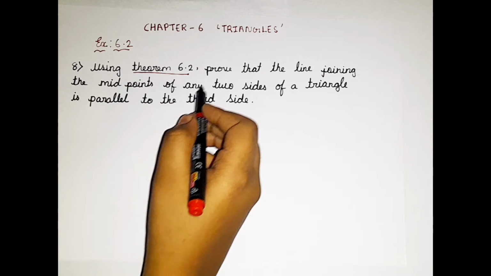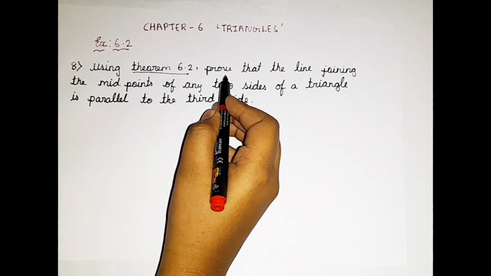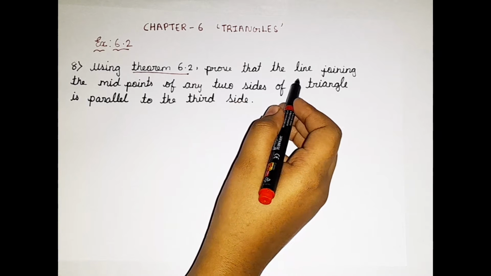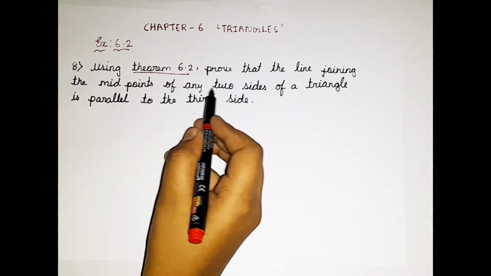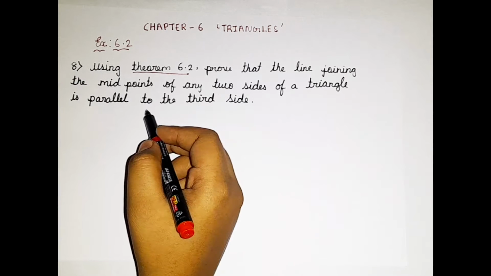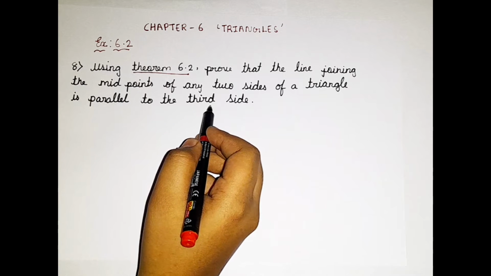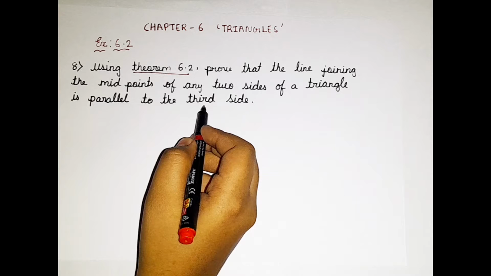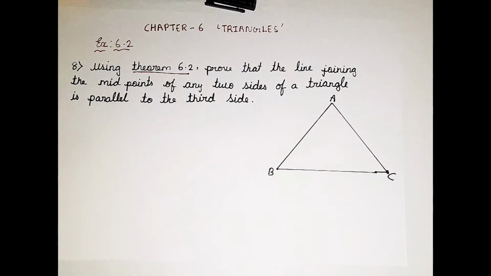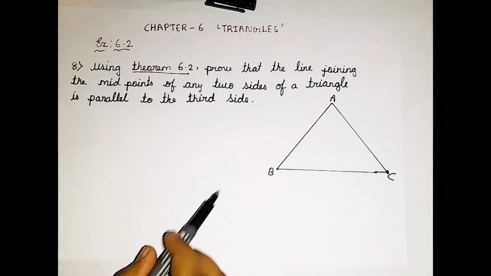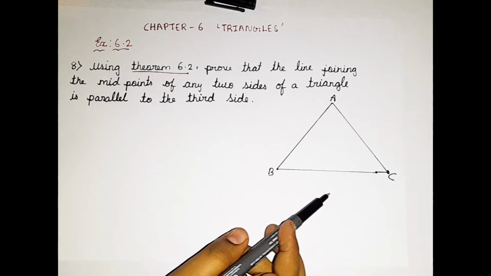Okay, so now what are we supposed to prove? We are supposed to prove that a line in a triangle going through the midpoints of any two sides of a triangle is parallel to the third side. First of all, to understand this sentence, let us draw a triangle. Alright guys, so now I drew a triangle ABC.